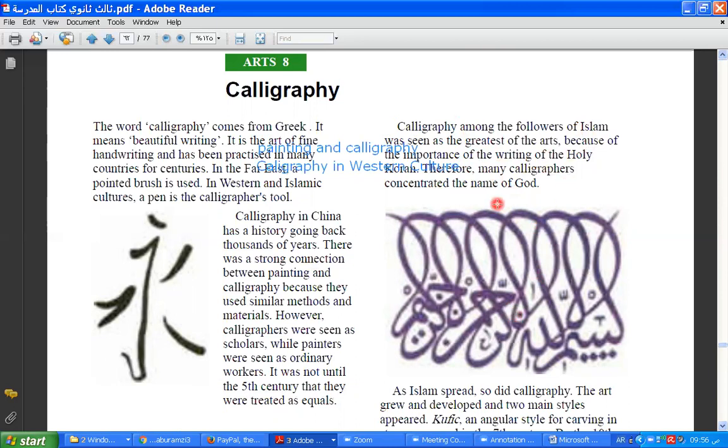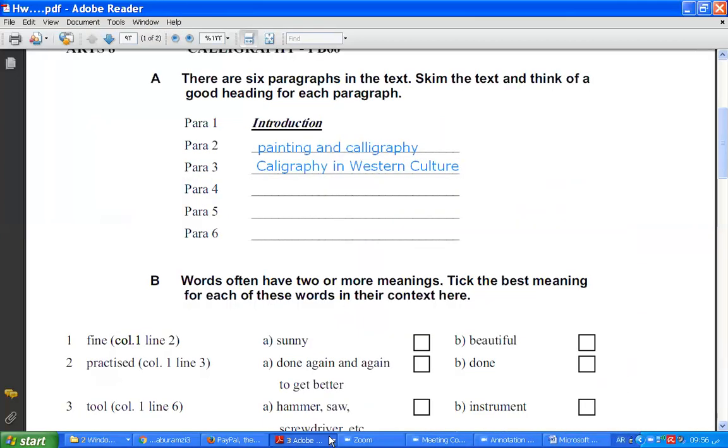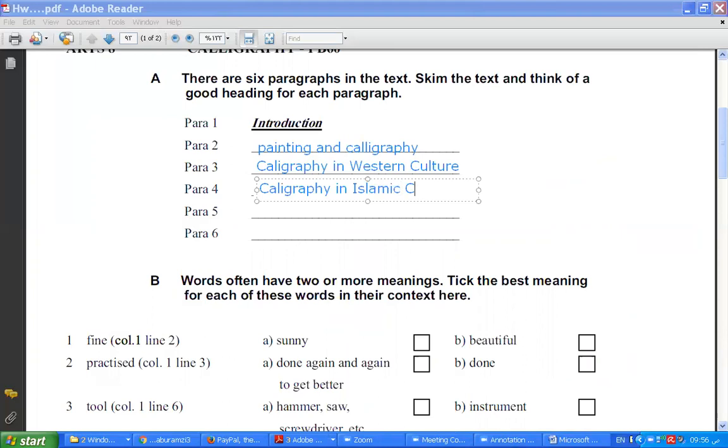Therefore, many calligraphers concentrated the name of God, which means Allah for Islam. So this paragraph focuses on what? On calligraphy in Islam, or Islamic culture. Yes, in Islamic culture.